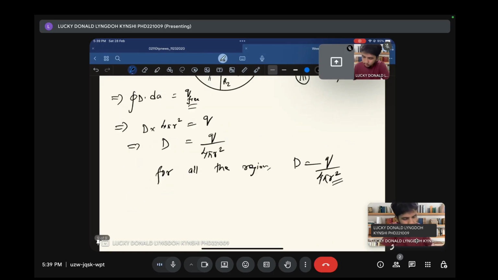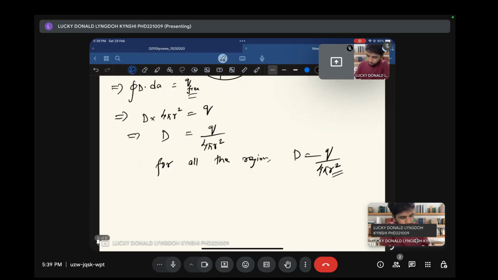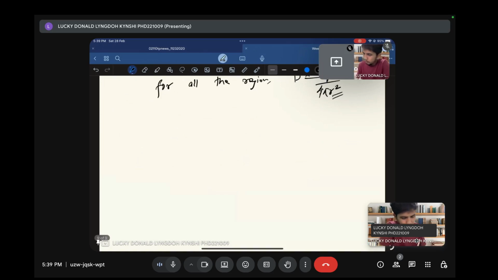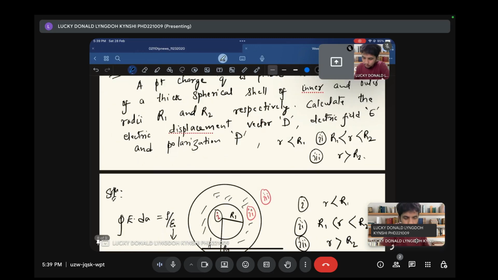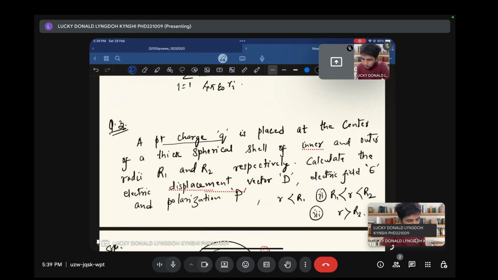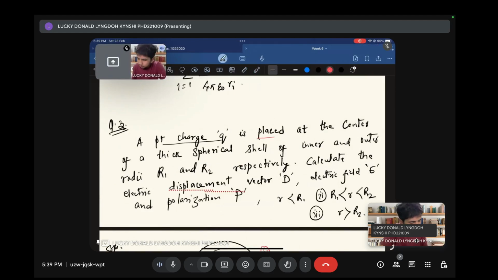So this is where it becomes important. You have to calculate the electric field and polarizability. If you go back to the question, it says that a point charge plus q is placed at the center of a thick spherical shell of inner and outer radius.